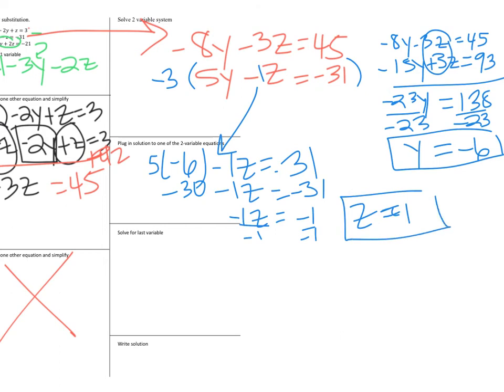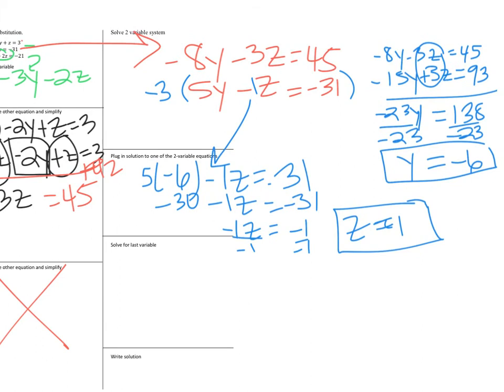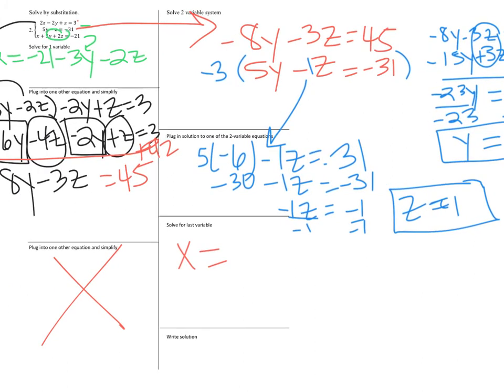All right, we're 2/3 of the way there. We just need to solve for our last variable. And remember, we solved for x earlier in the game. So we got to bring that back down. X equals negative 21 minus 3y, but my y is negative 6, minus 2z, but my z is 1. So I'm just evaluating this.